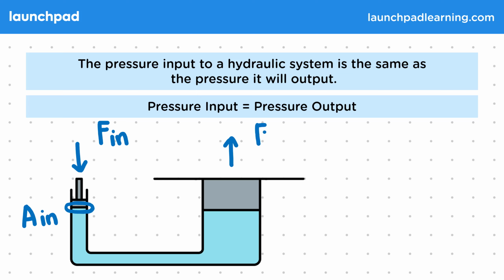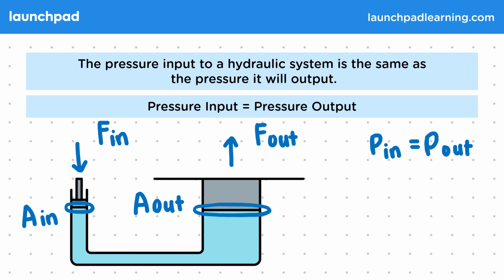Then the output force is what the liquid will push against the platform with, with the output area being the area of the liquid here. Though in an exam question, it will usually be made clear what areas to use in a calculation.